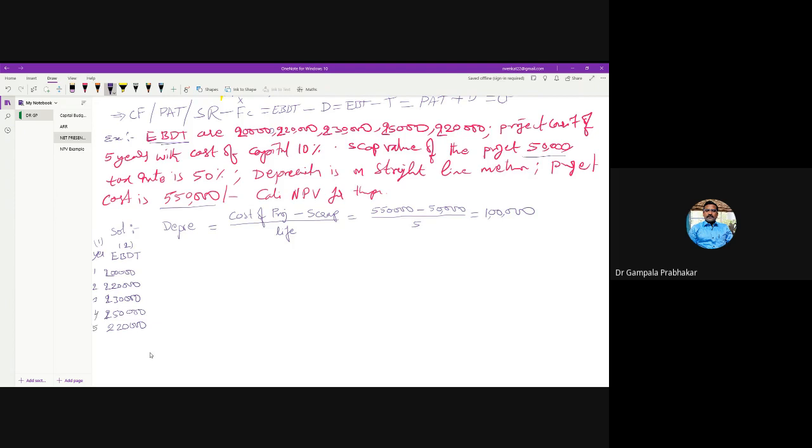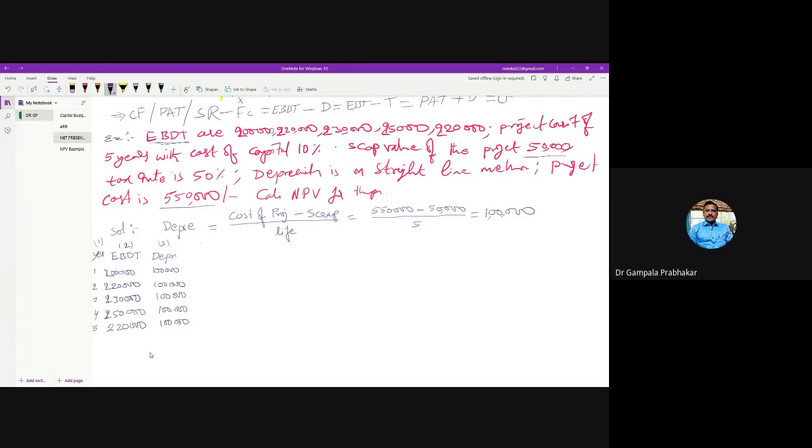Now the next one, third column, what we have to deduct first? We have to deduct depreciation. Straight line method we already calculated: every year 1 lakh rupees depreciation we are charging on this particular project.